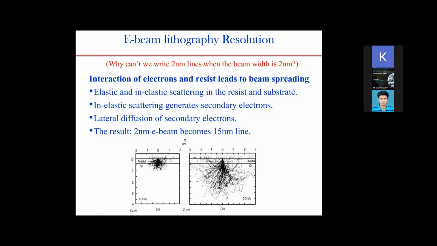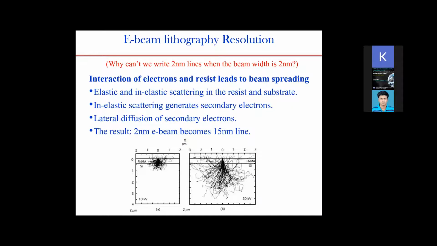Now if you see these two Monte Carlo simulated images, the left hand one shows the diffusion of the secondary electrons when the electron beam of 10 kV falls on a PMMA coated silicon substrate.